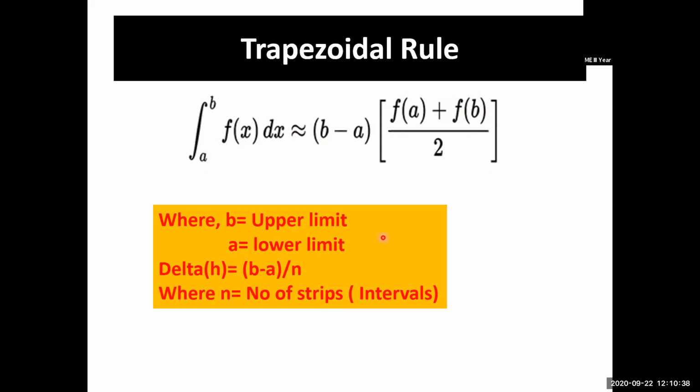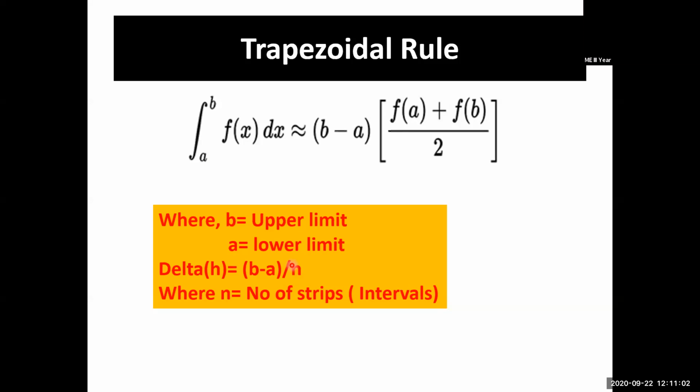Like that, you just have to follow. And delta is nothing but (b minus a) by n, where n is the number of steps, meaning how many parts the total limit a to b is divided into.